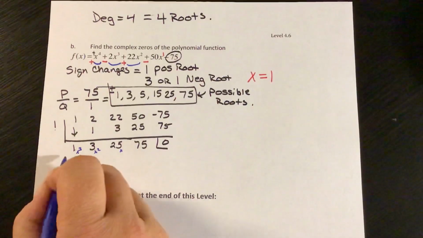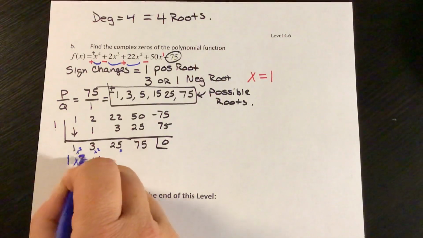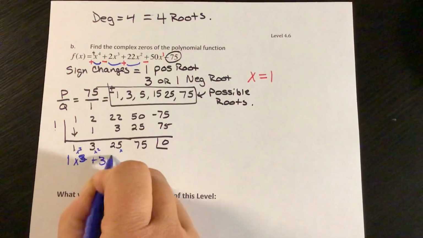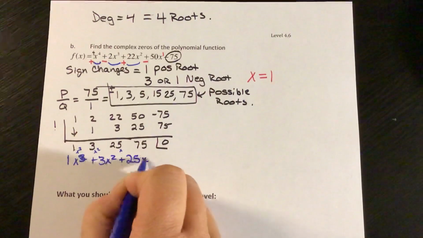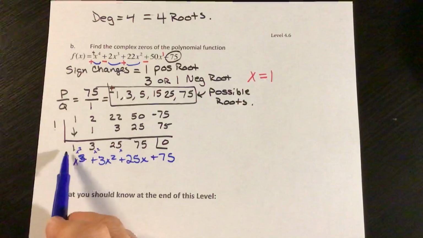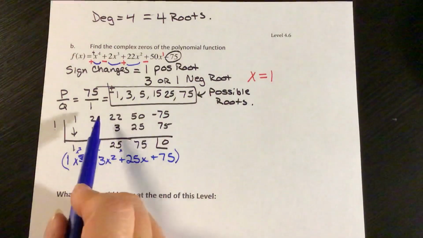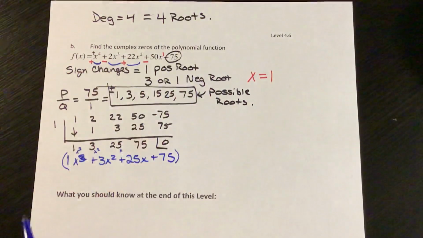Okay, so I'll write that out. That's x cubed, 3x squared, 25x plus 75. So if I multiplied all of this times x minus 1, I get back to my original.